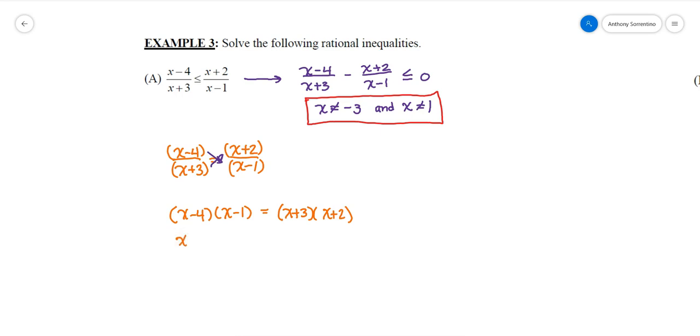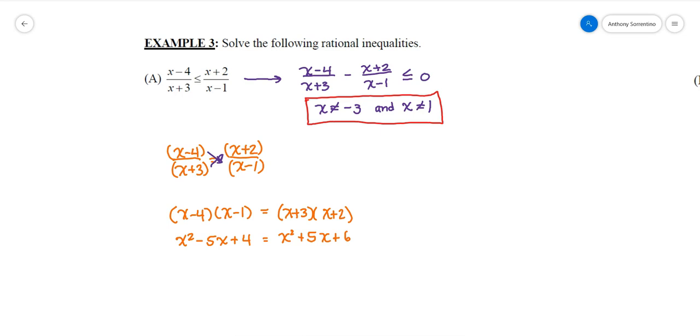This is going to be x squared minus 5x plus 4. I'm simplifying as I move along, so you might have this written as x squared minus x minus 4x plus 4, and then of course the two middle terms become the minus 5x. Here I'm going to have x squared plus 5x plus 6.